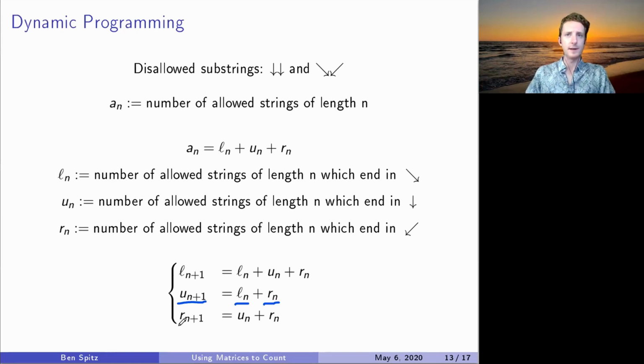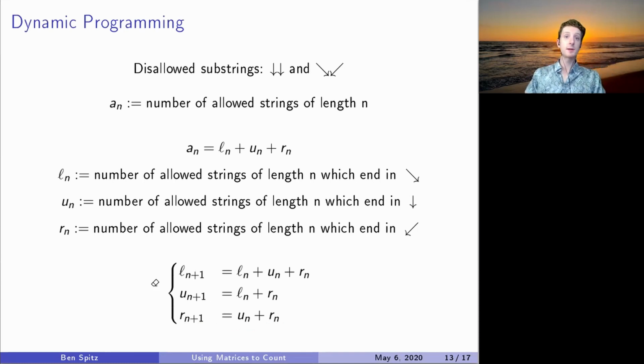And likewise for this R sequence, if I want to create strings that end in this symbol here, then my string better not have ended previously with this symbol. That would be bad. Okay. So I only produce a string of length n plus 1 that ends in the final symbol if I start with a string of length n that ends in a straight arrow, or a string of length n that ends in the arrow that comes up from the left down to the right.